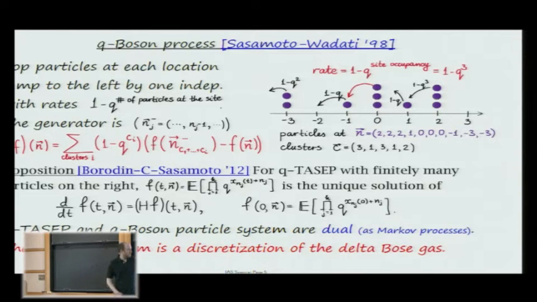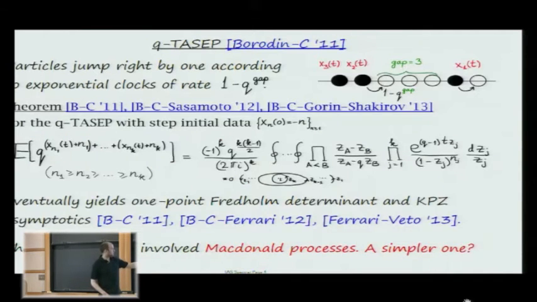What it means is, you have the integer lattice, and above every site of the lattice, you have an arbitrary non-negative number of particles. And what this system does is, in continuous time, you move one particle, let's say the top particle, to the left. And you do that at a rate given by 1 minus q to the height of the system. And this is the same q that's been throughout, the same q that was here and the same q that was here.